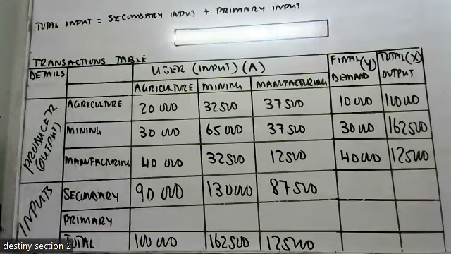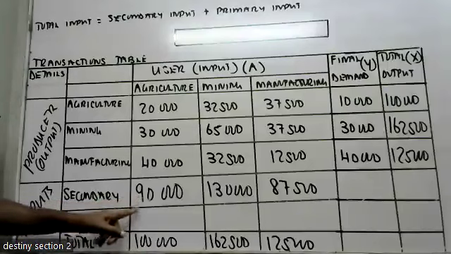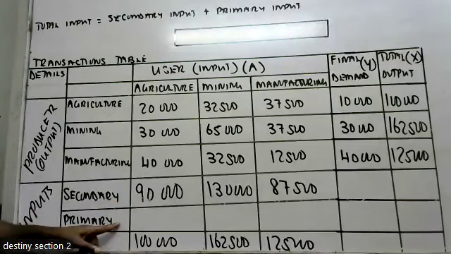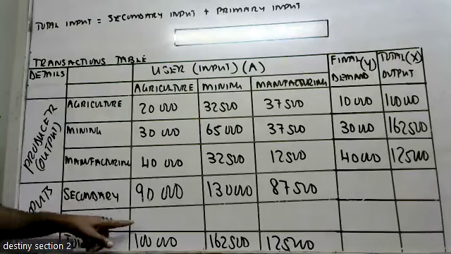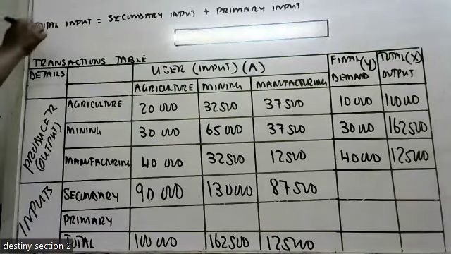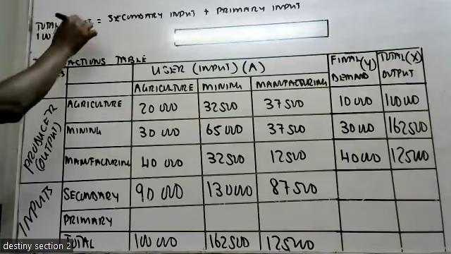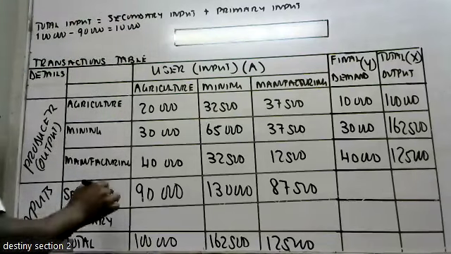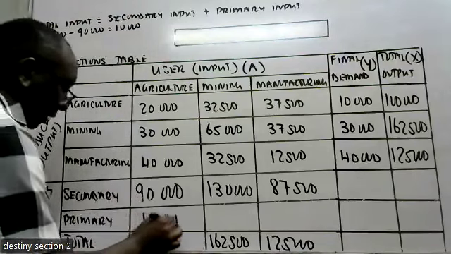So if we know that this one imepatikana by saying 90 plus something, we got 100. Can you now be able to tell me primary will be what? If we know that this total is secondary plus primary, can we be able to know primary will be what? Like now, the first one, it will be 100,000 minus 90,000. That will give us what? 10,000. So come and put the 10,000 here.